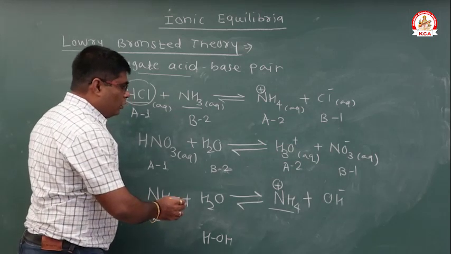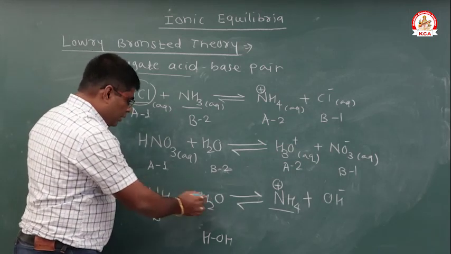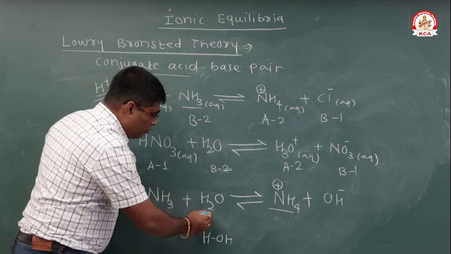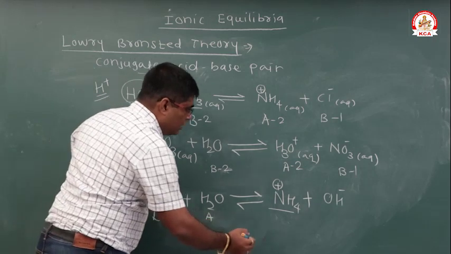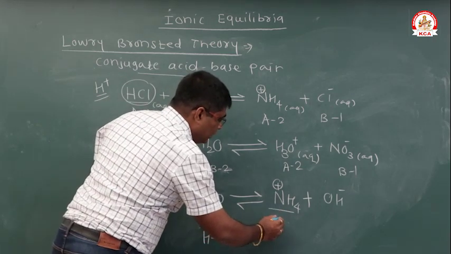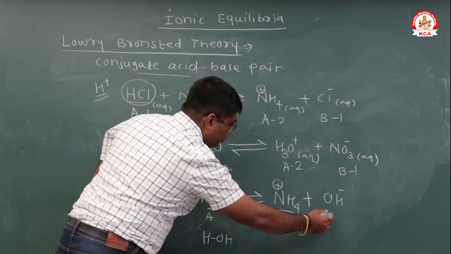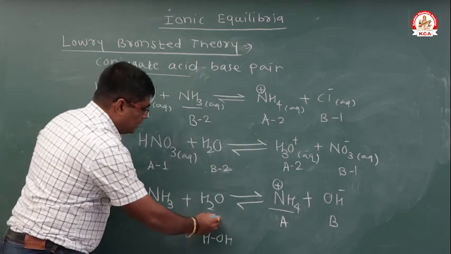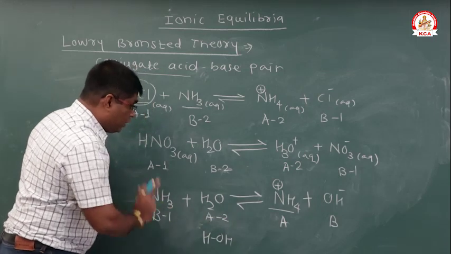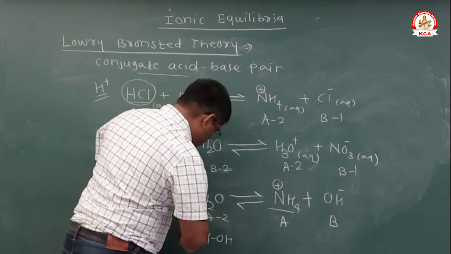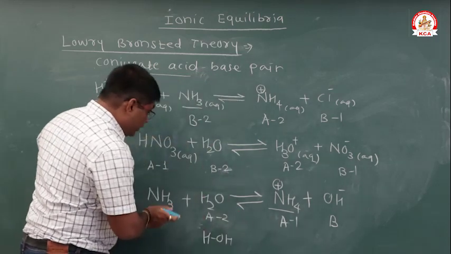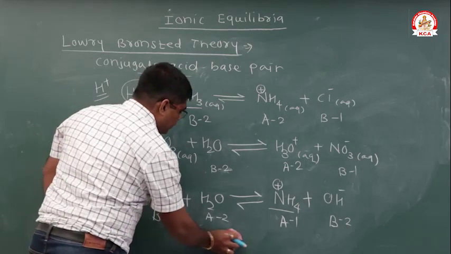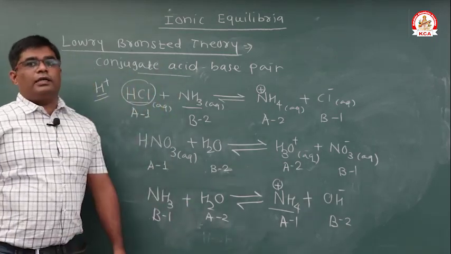त्यानंतर मग प्रोटॉन दिला कोणी? वॉटर. NH3 accepts the proton, therefore it is base. Water donates the proton, therefore it is acid. In reverse direction, NH4 plus donates the proton, it is acid and OH minus is base. म्हणून हा झाला बेस 1, हा ऍसिड 2, आणि हा ऍसिड 1, हा बेस 2, and this is the conjugate acid base pair.